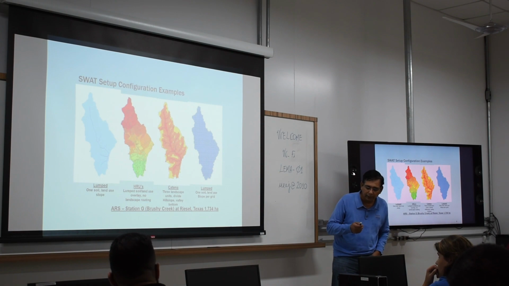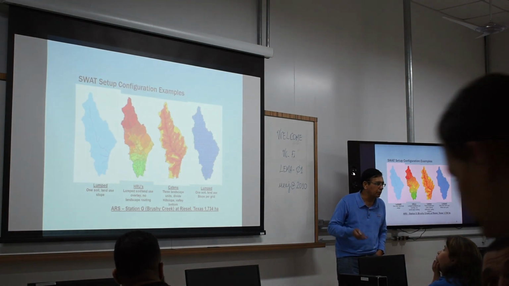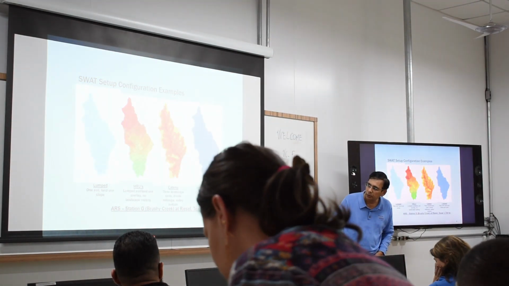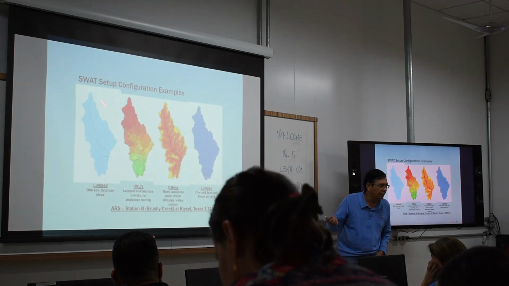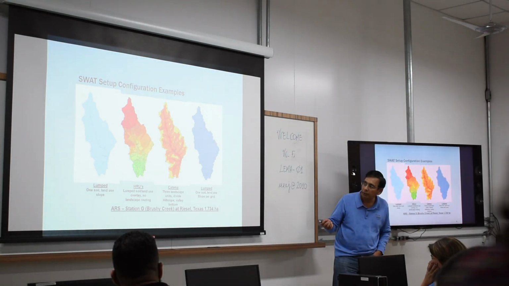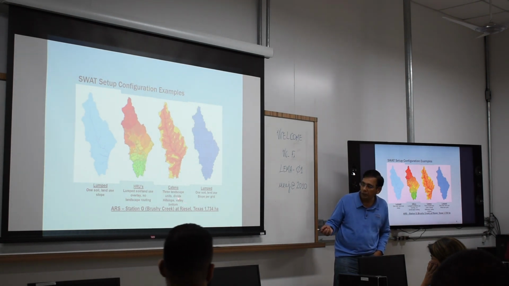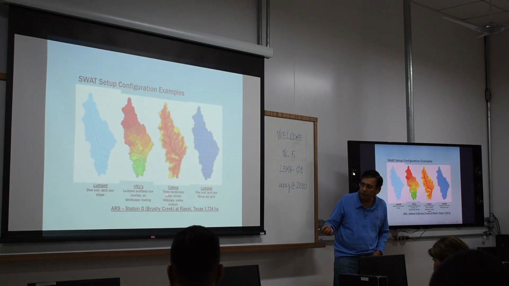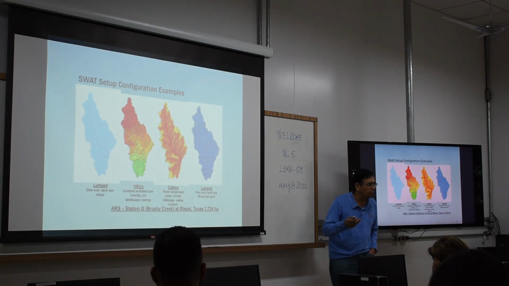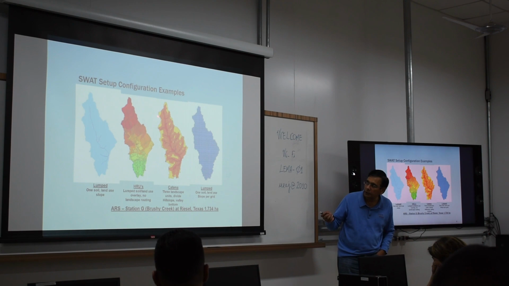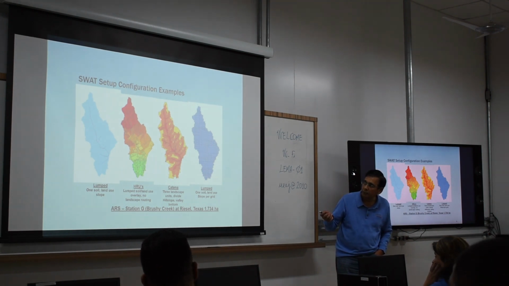You can set up your SWAT model in different configurations. For example, you can have a lumped model with just one subbasin, or multiple subbasins with different HRUs, which is what the current SWAT does. Or you can go to the landscape unit, the next generation SWAT Plus, where you divide the watershed into subbasins and then have floodplain, upland and watershed divide.